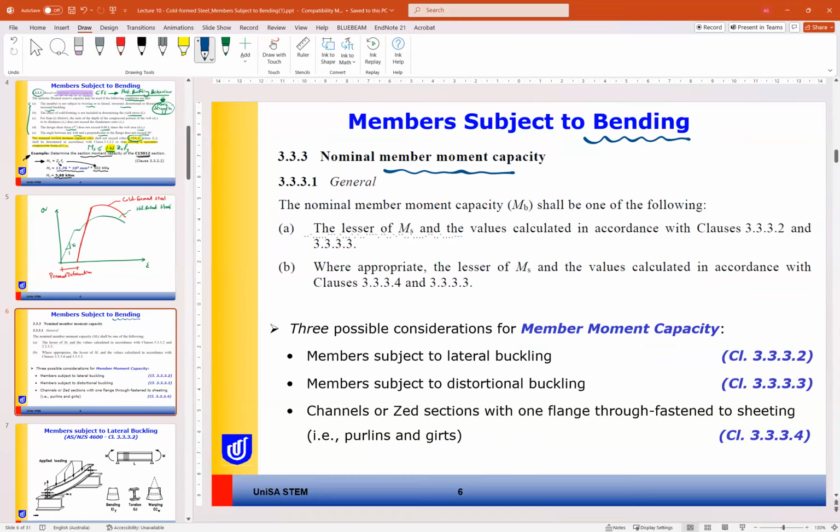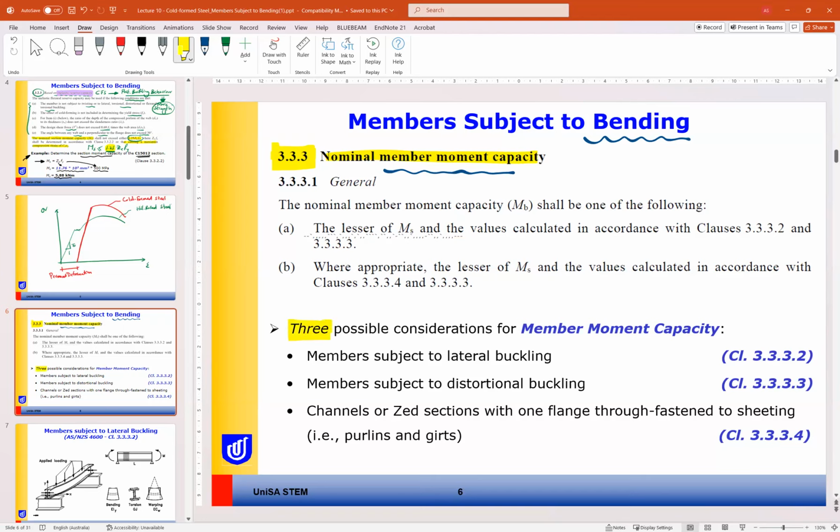The member moment capacity is covered by clause 3.3.3, nominal moment, member moment capacity. For the member moment capacity, we have three possible considerations.